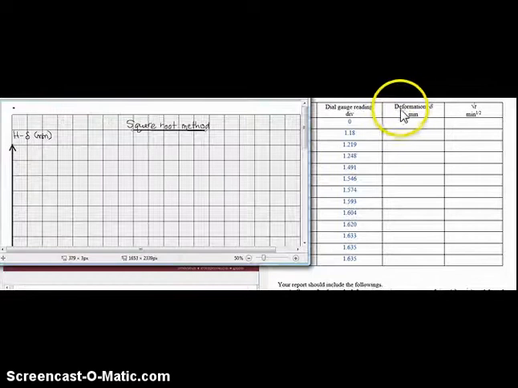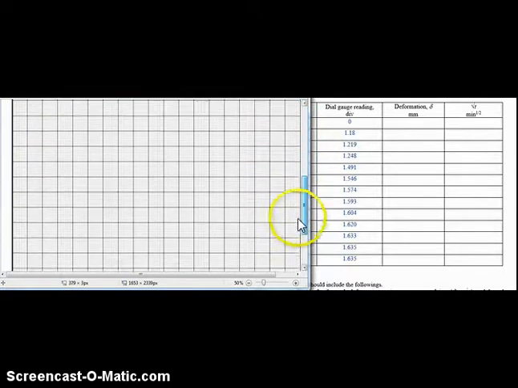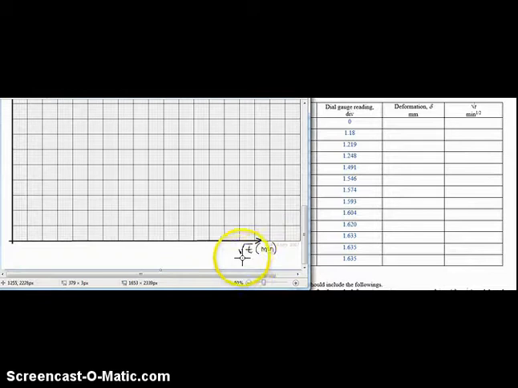So what you do is you have to define first the deformation, and you have to add another column to calculate the h minus the deformation, and you plot the data in a graph. I already plotted here the axes for x and y. So just pick the appropriate scale and start to plot.